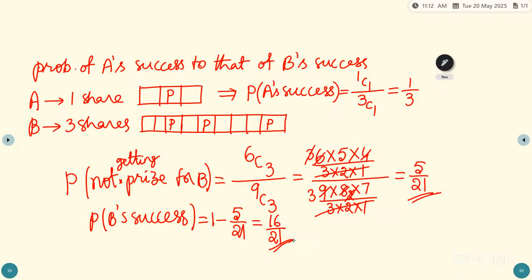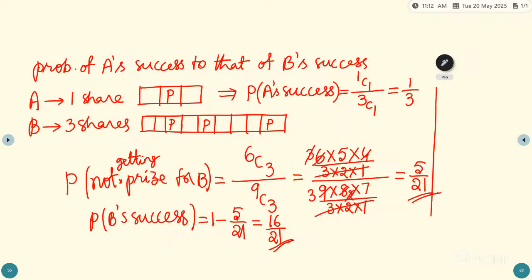If you want to give the answer, you need to know the question. Read the question. What is the question asked? Find the probability of A success to that of B success.